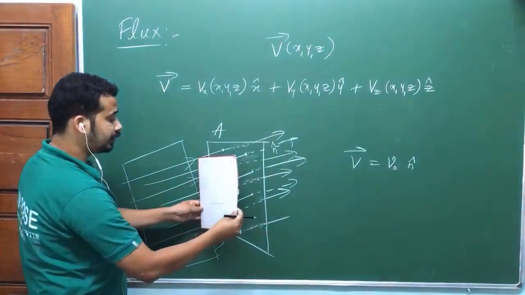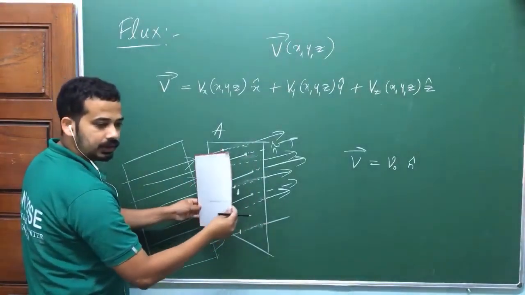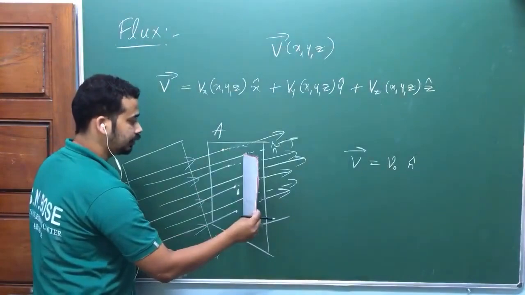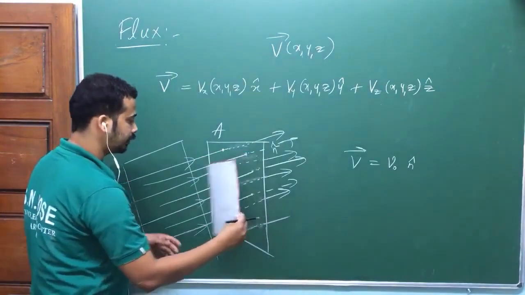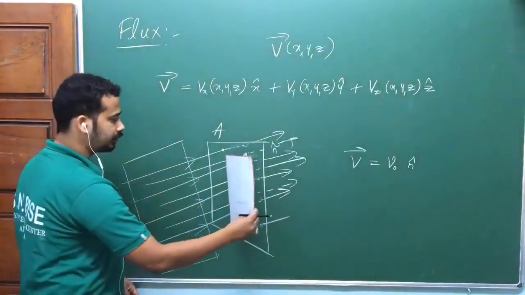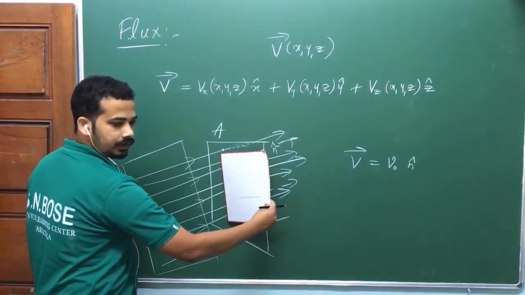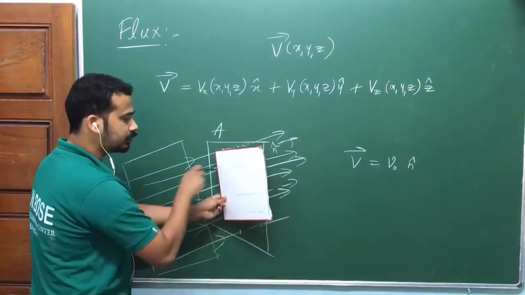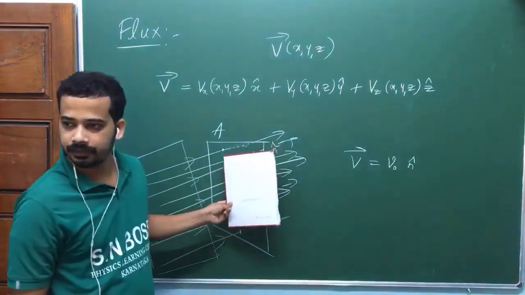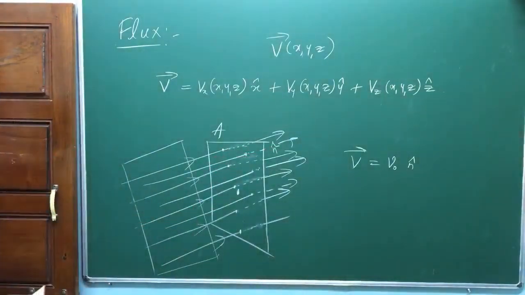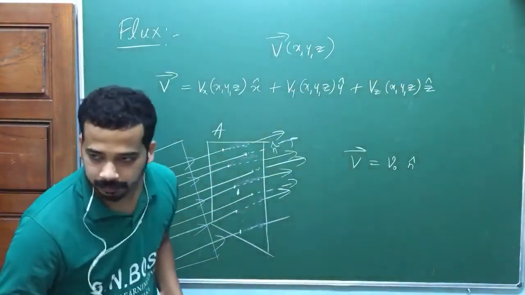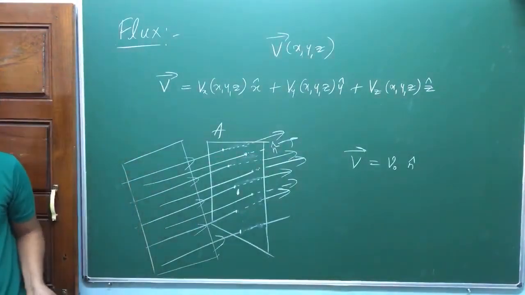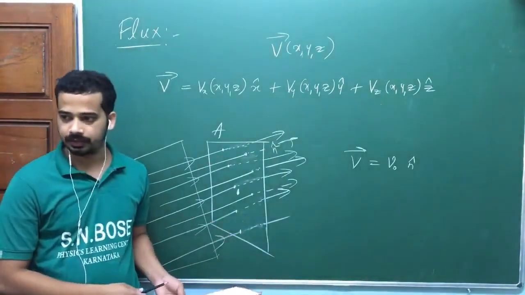If you held this plane in some inclined direction other than perpendicular and parallel, then the number of field lines passing through this one is some intermediate value, isn't it? Now we need to quantify that, am I right? We need to quantify the number of field lines passing through this area, isn't it?